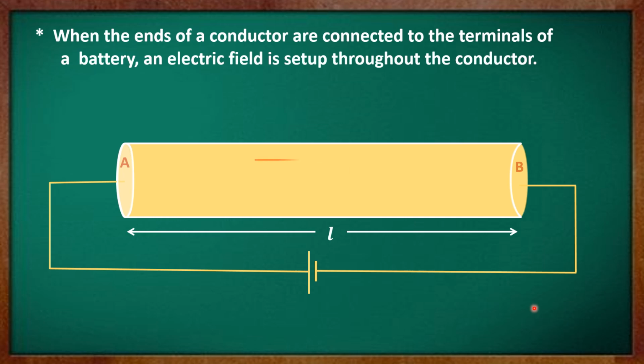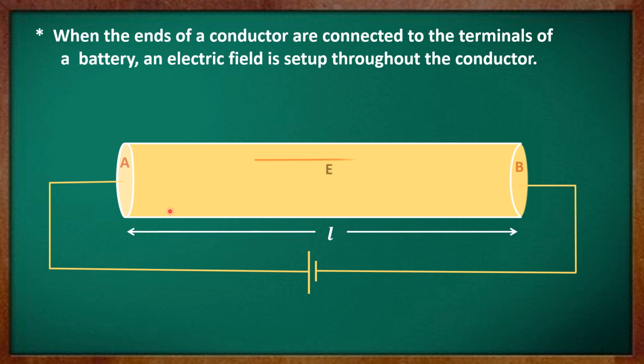Now I am going to take a free positive charge. Imagine that there exists some fluid in it, so it is a fluid conductor. Remember one thing here: in case of a solid metallic conductor, there will be only motion of electrons.